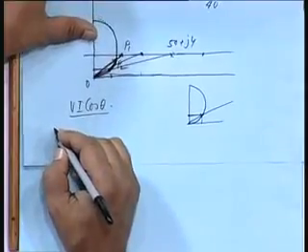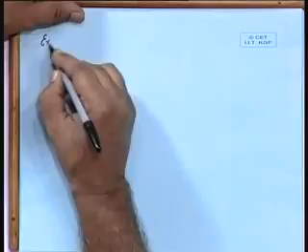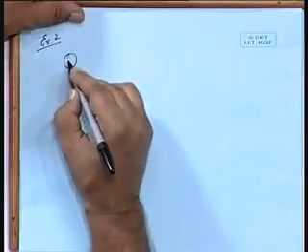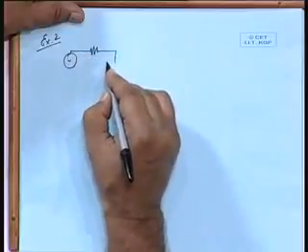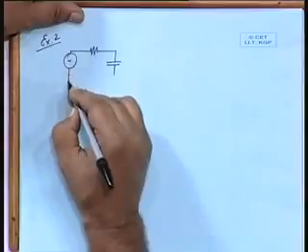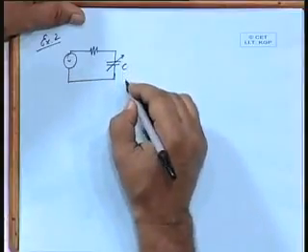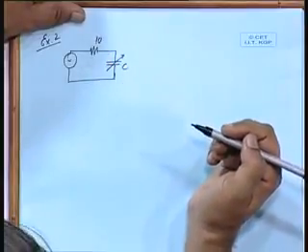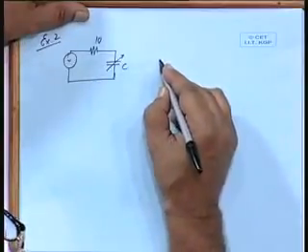Let us take another example. We have a resistance and a capacitance. This capacitance is varied, this resistance is fixed. There is another problem, extension of this.